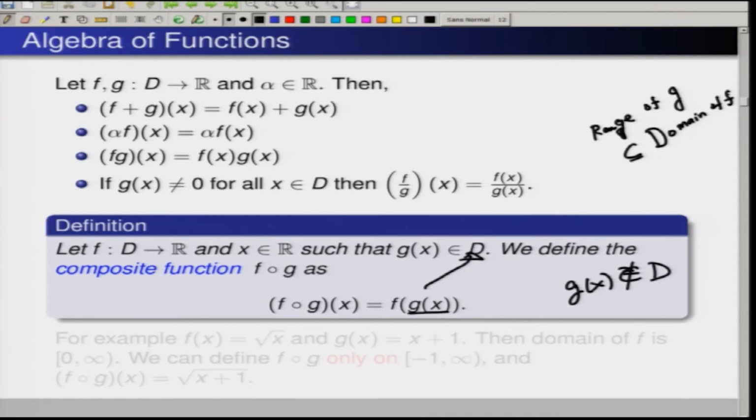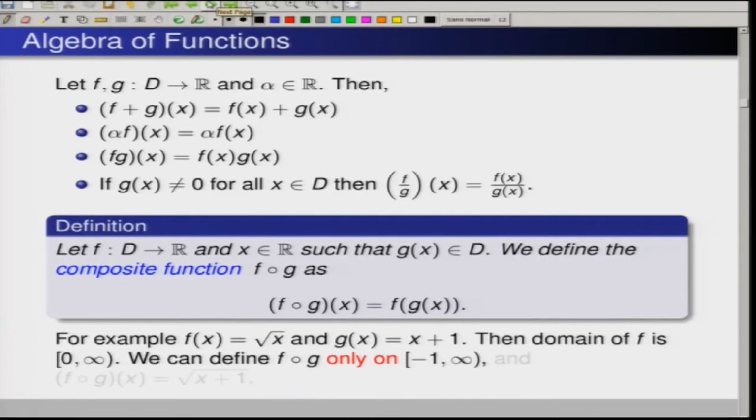So, let us see one concrete example of this. Now, you define f of x equal to square root of x. Now, what is the range of f here? In this case the domain of f is 0 to infinity, because for the negative numbers it is not defined. Now, g of x equal to x plus 1.